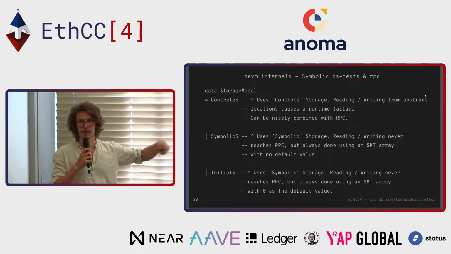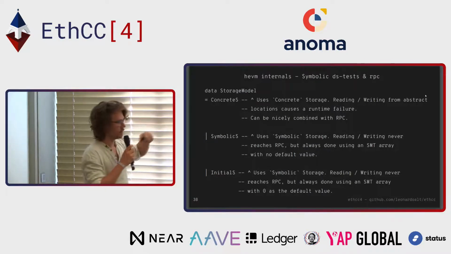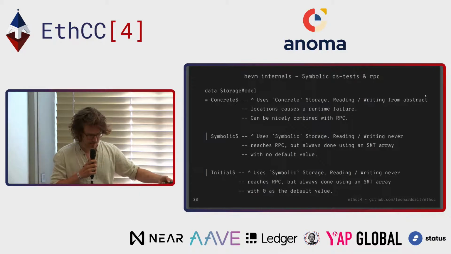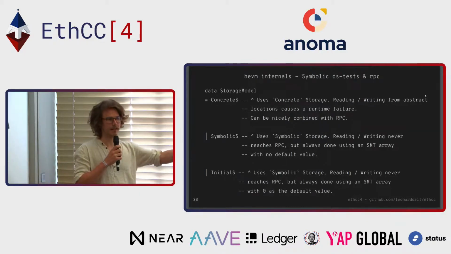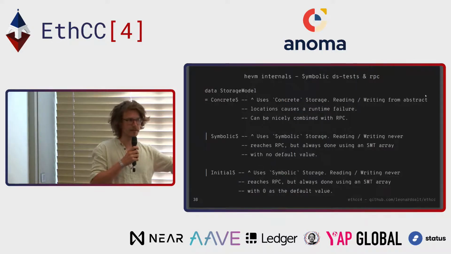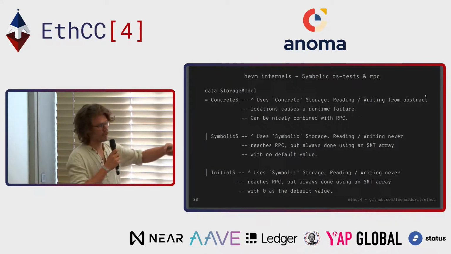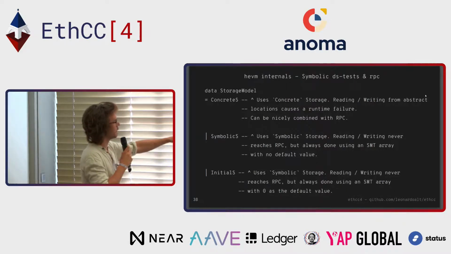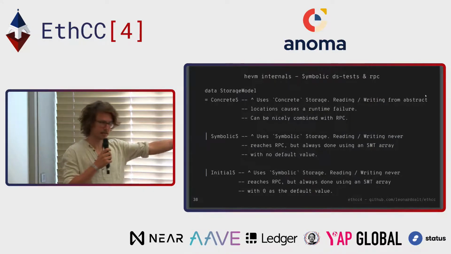If you want to run symbolic execution against a mainnet contract, for example, then obviously you can't be asking for the mainnet value of an abstract location, because no client will be able to tell you what is at storage location X, where X is an unknown number. But if you say, I want the value at 4, they can give you that. So when you're using concrete, you can use symbolic execution against mainnet states.